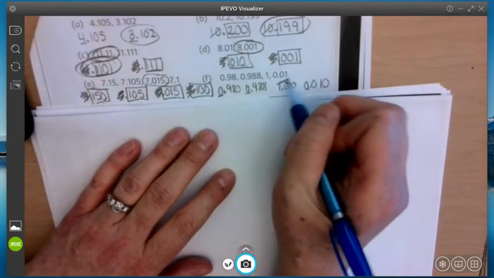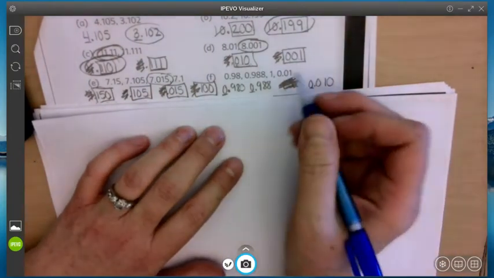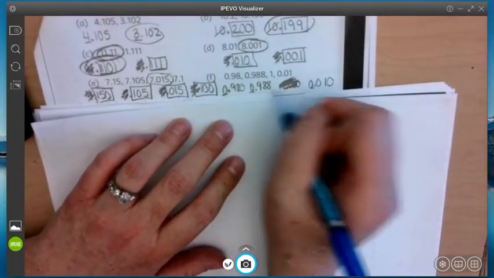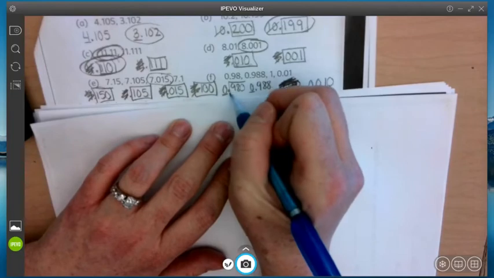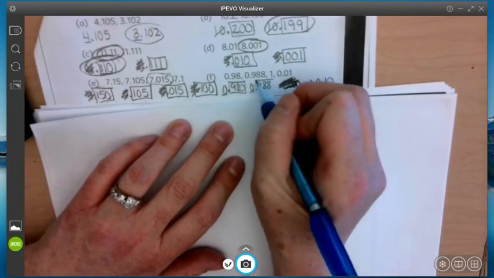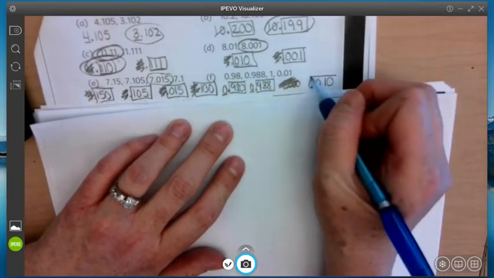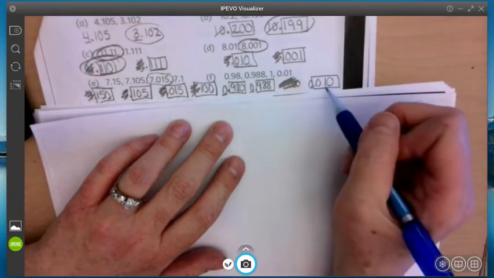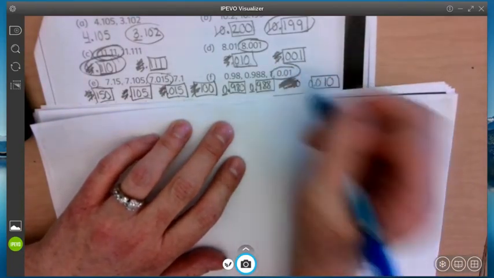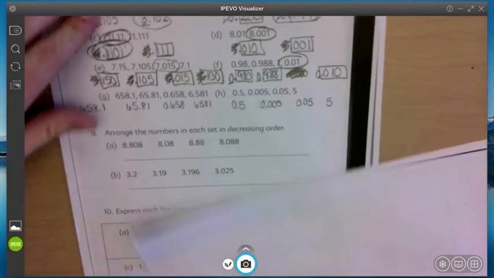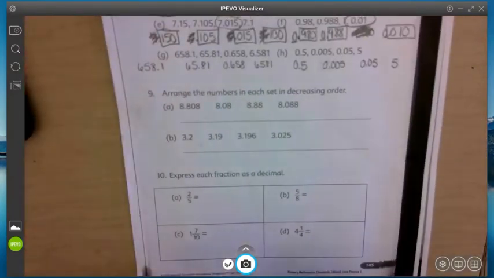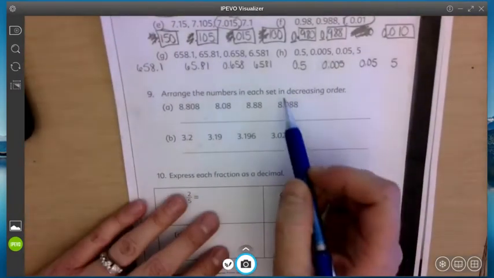So it's definitely not that one. Now they all have 3 digits. I'm going to look at what's the smallest: 980, 988, or 10. This one is the smallest. So there we go.